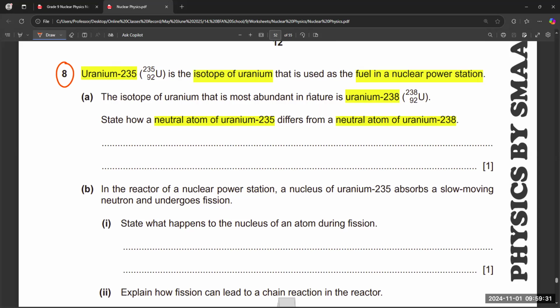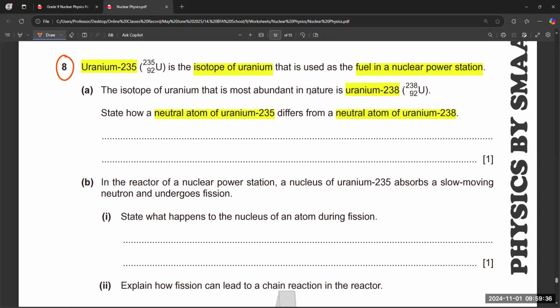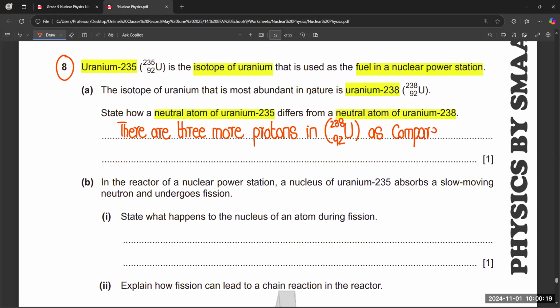Okay. So we can say there are 3 more protons in 238 as compared to uranium 235.